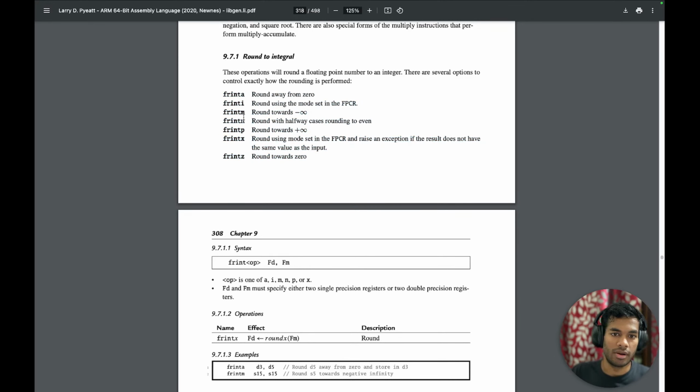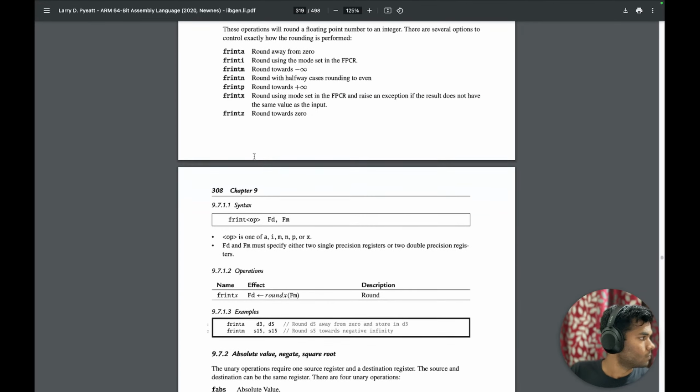I can round away from 0, towards 0, according to the FPCR register, minus infinity, plus infinity, even number. And if the input and the output values are not the same, then I will raise an exception. That is X. X means exception.